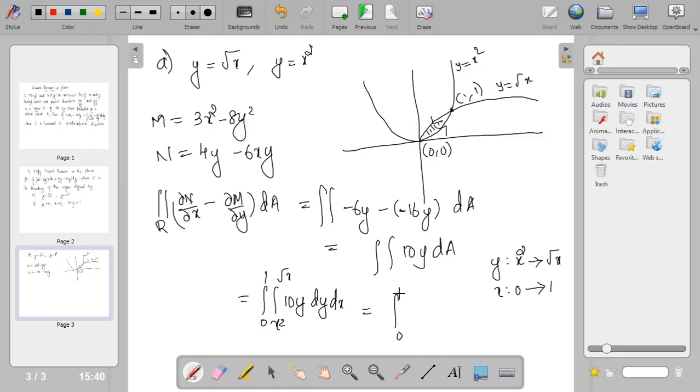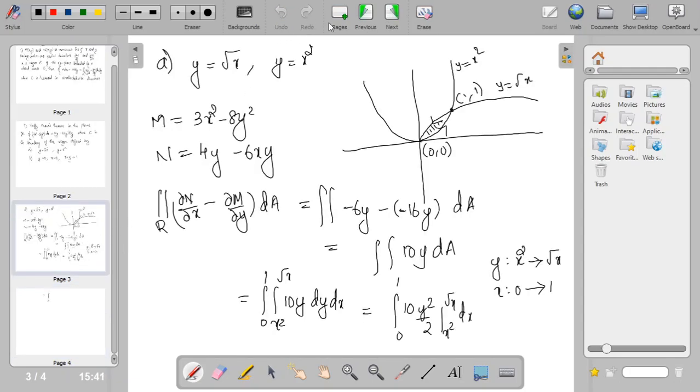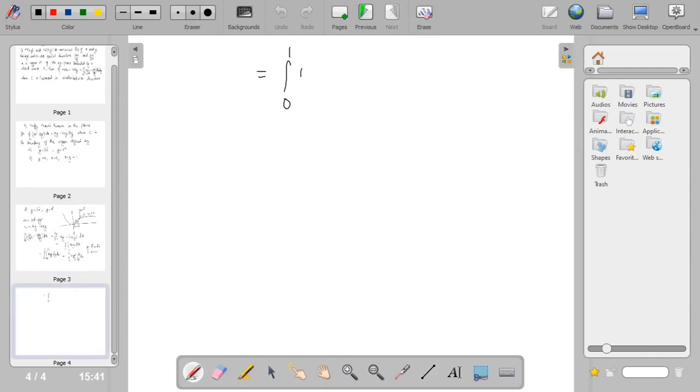So that will be the integral from 0 to 1 of 10 y²/2 from x² to root x dx, which is the integral from 0 to 1 of 5 y² from x² to root x dx.